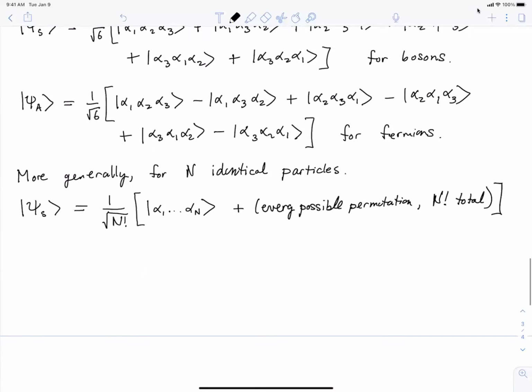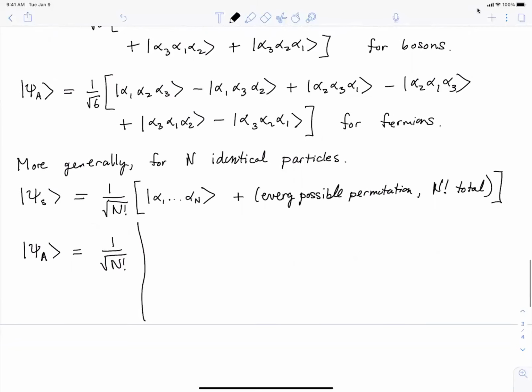And then if I do the same thing for the antisymmetric version, it's the same thing, but with some minus signs sprinkled in. And if you look at where the minus signs are sprinkled in, it turns out you can write this as a determinant, where the determinant is in terms of individual particle states. The first row of them are all alpha 1s.